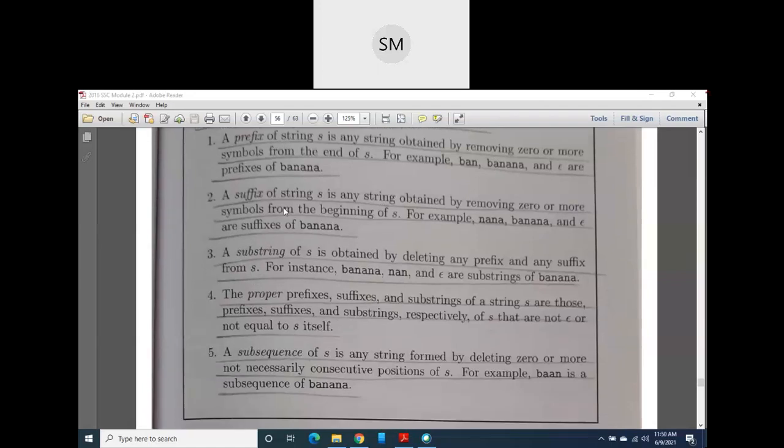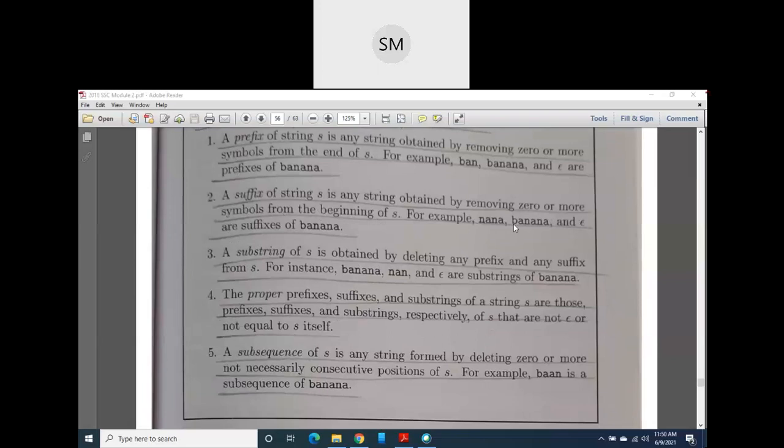So here we are deleting the characters from the end of our string. And a suffix will always be at the end of our string, so here we are going to delete the characters from the beginning. If you observe banana as a complete string, if you delete the first 1, 2, or 3 characters, the remaining last characters will be a suffix of the string.